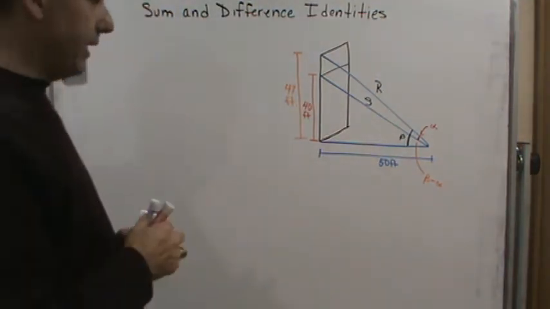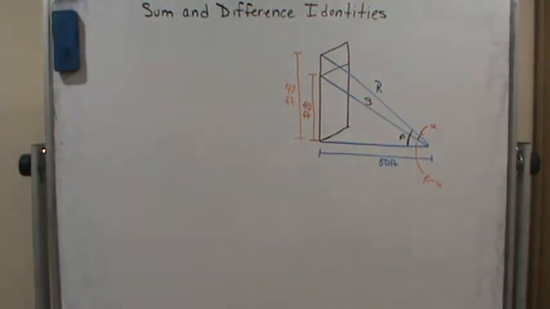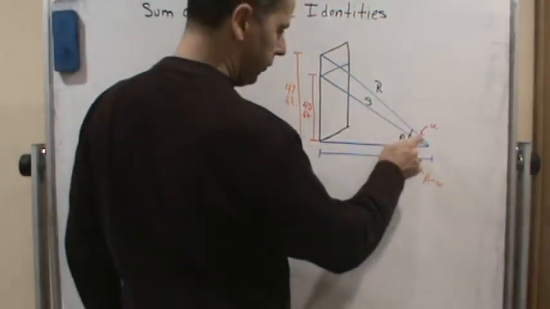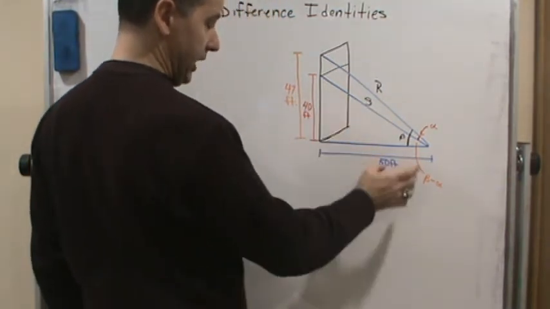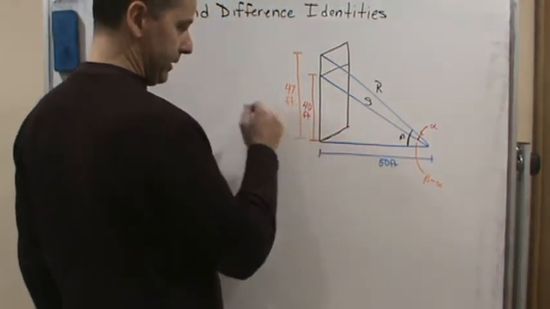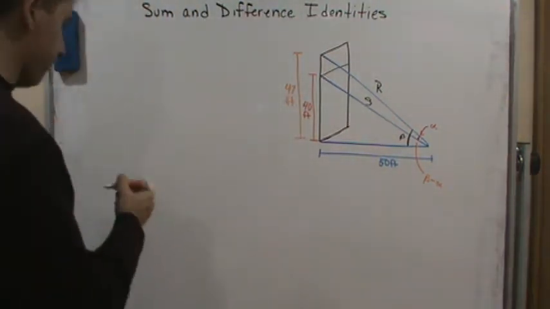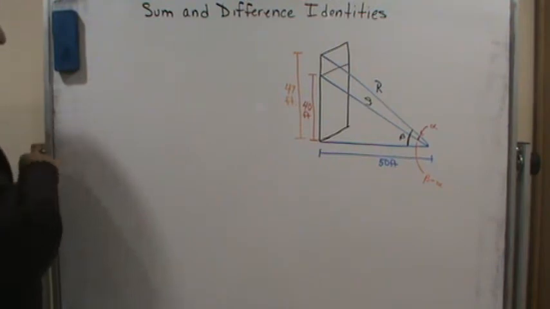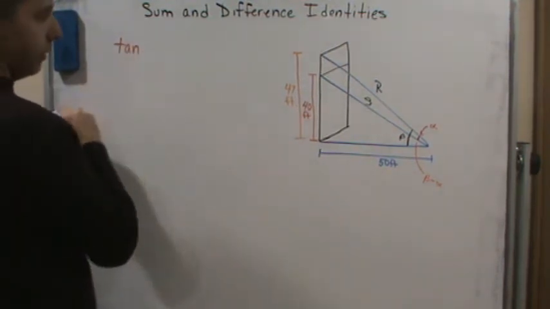So now let's put down what we know from the picture, okay? And what trig functions can we use? Since for both of these triangles we know the adjacent side and the opposite side, the trig function we're going to want to use is tangent.